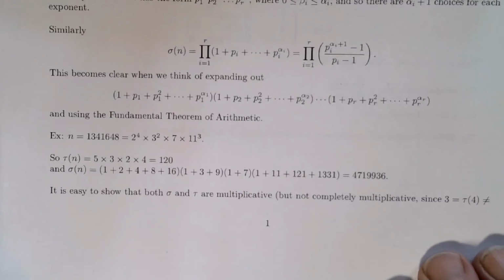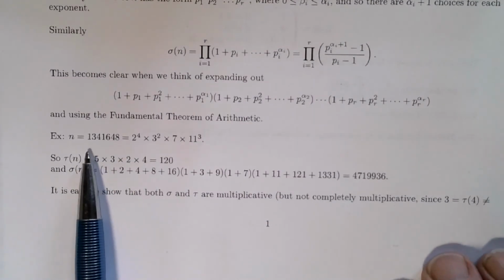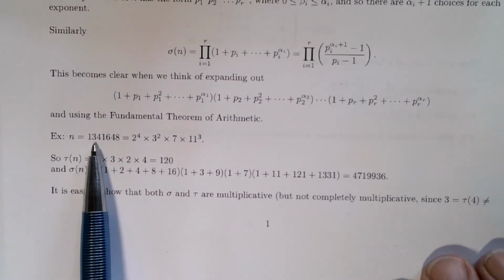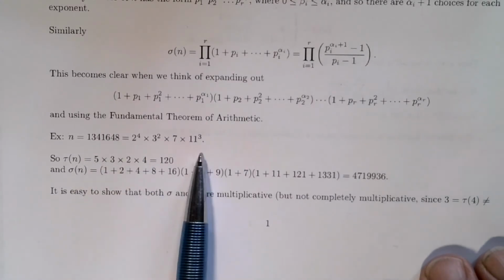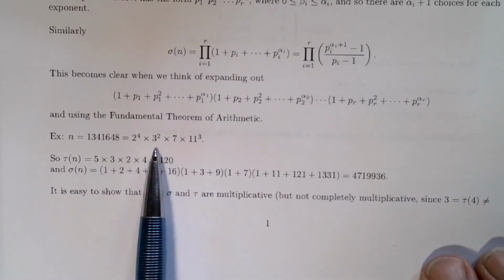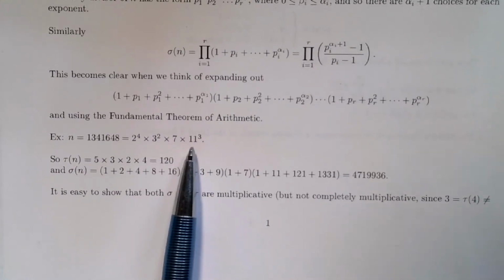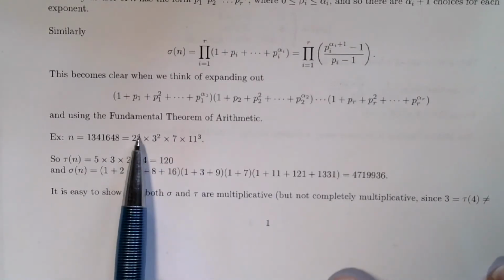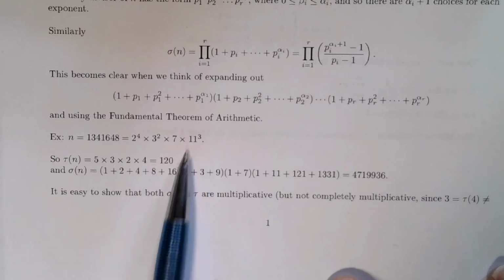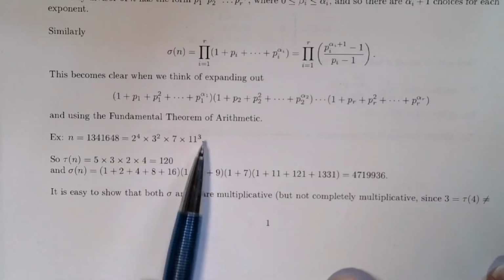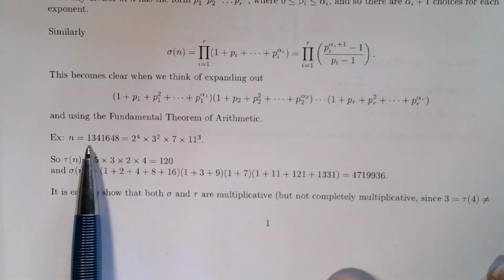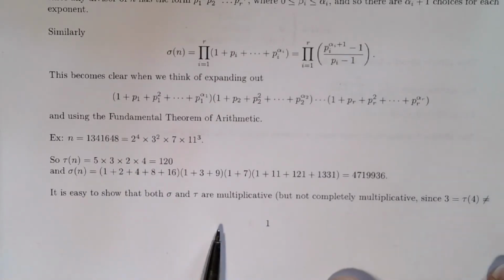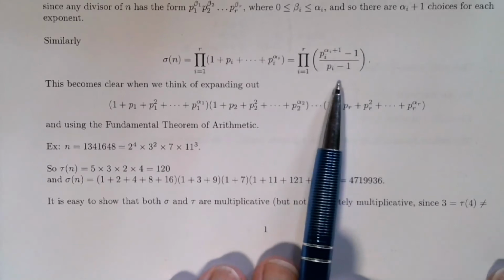So a quick example of how we can calculate this fairly nicely. If I take this number 1341648 and prime factorise it, I get 2 to the 4th times 3 squared times 7 times 11 cubed. To get tor of n, I just increase each of these exponents by 1, so I get 5 times 3 times 2 times 4, which is 120. So this number has 120 factors. Now you can use the sigma formula.